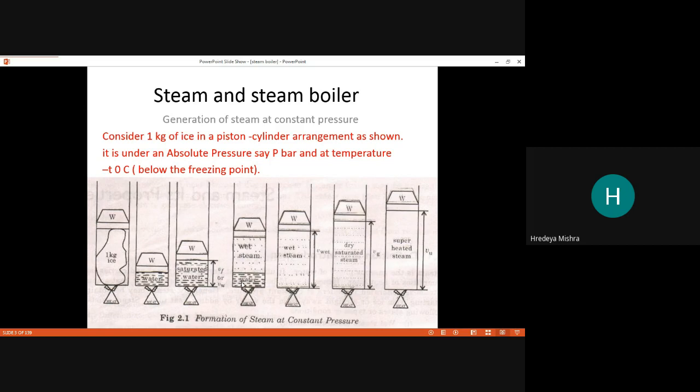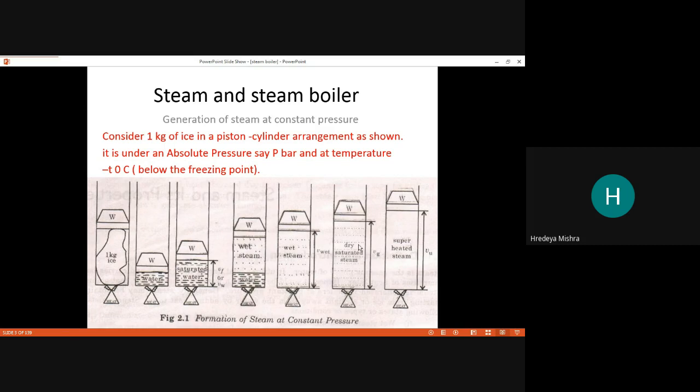Here some part of the water is there and some part of the water is converted to steam, and here you can see all the water converted to steam. But it is wet steam, meaning in the steam some water particles are there.